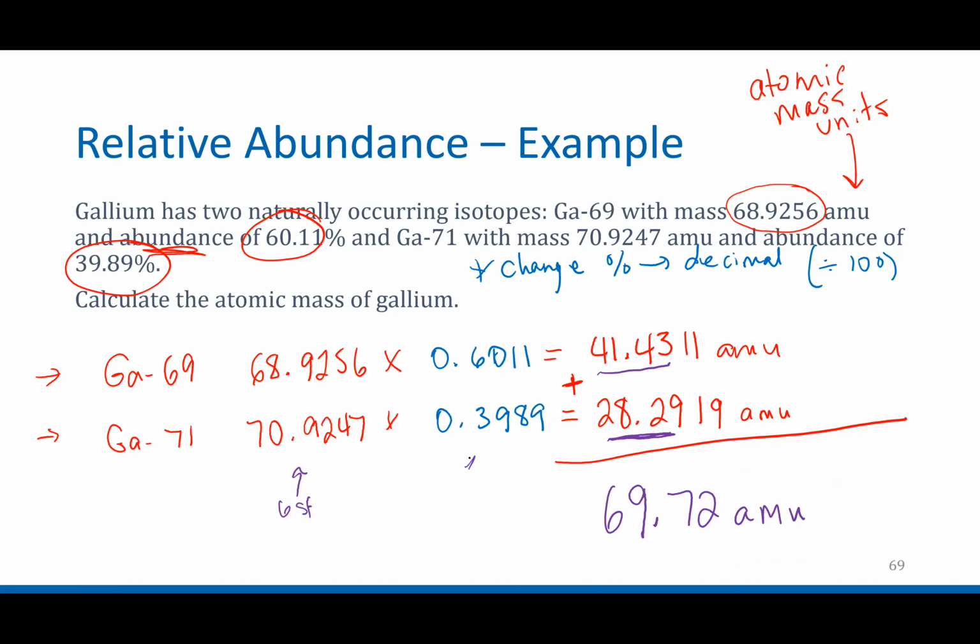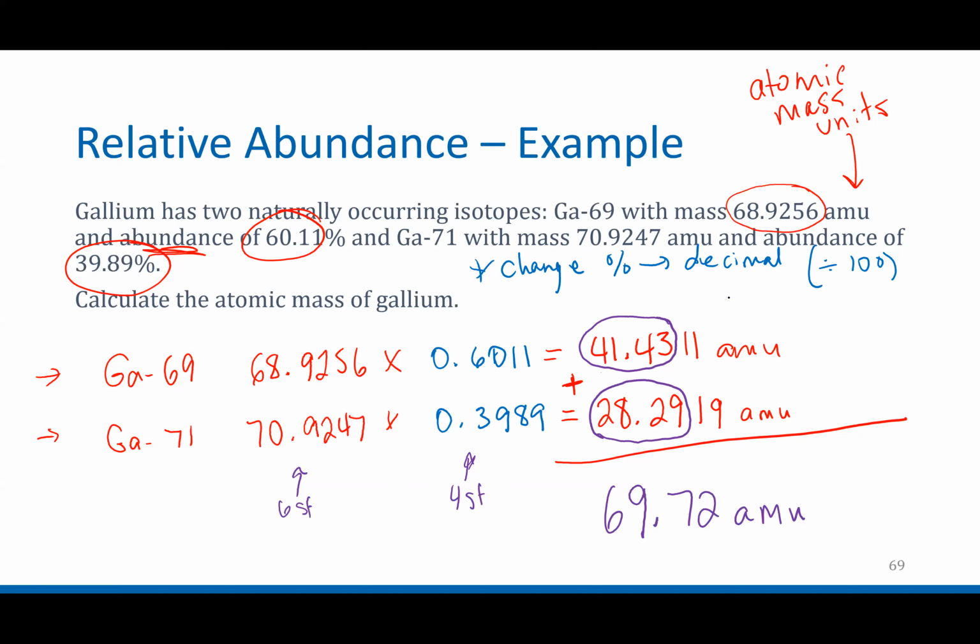All of these numbers have 4 significant figures. So when you multiply, you take the answer with the lowest number of significant figures. So that means with this answer on the right, with the 41.43, only these numbers that I'm circling are significant.